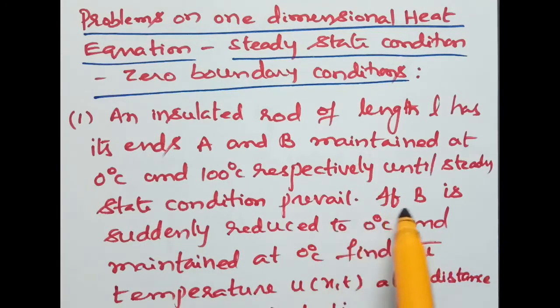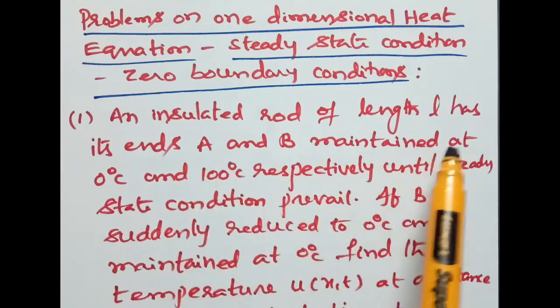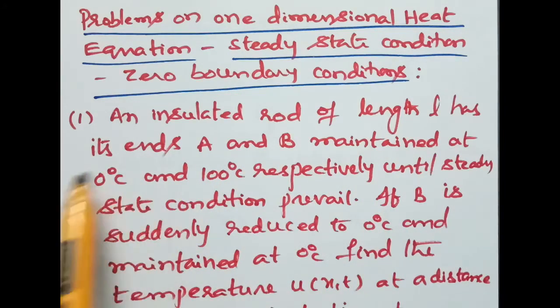After this, B is suddenly reduced to 0 degrees centigrade and maintained at 0 degrees centigrade. Now the steady state is changed into unsteady state, and A is already at 0 degrees centigrade. Now B is also reduced to 0 degrees centigrade.